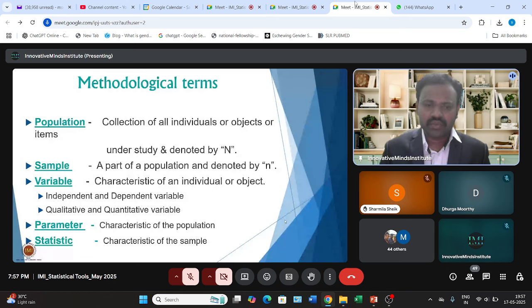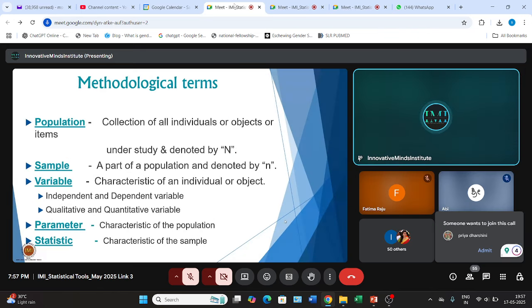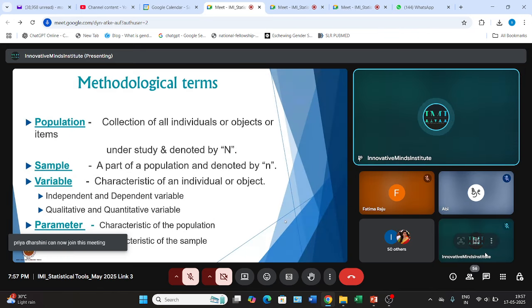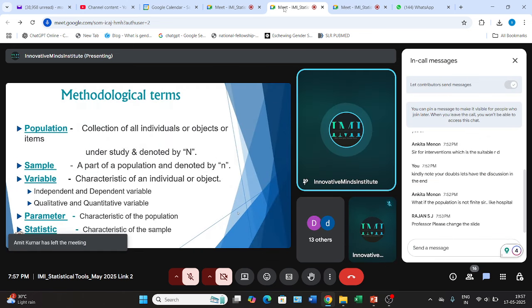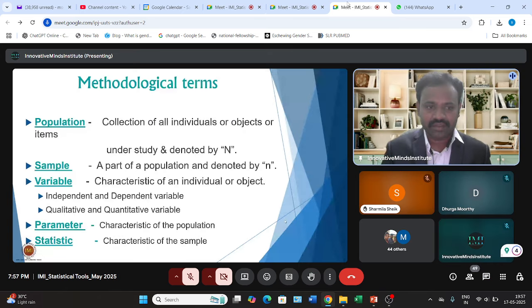Then another two types of variables are quantitative variable and qualitative variable. Which you can measure is a quantitative variable. Which you cannot measure is a qualitative variable. These are basics for the budding researchers. For them, I am explaining it. For those who know already, you can just recollect. Okay, this is an important one.